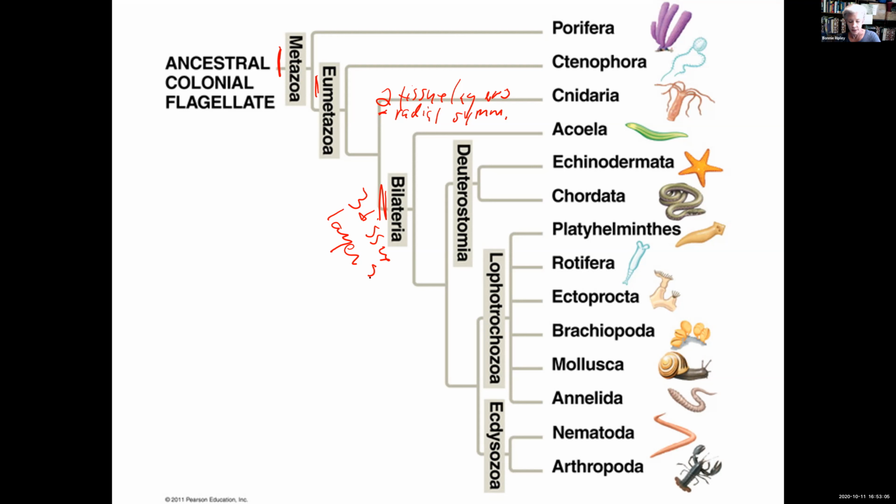We looked at flatworms already, platyhelminthes, and they are in this taxonomic group, the Lophotrochozoans, although we didn't dwell on what that meant at the time.